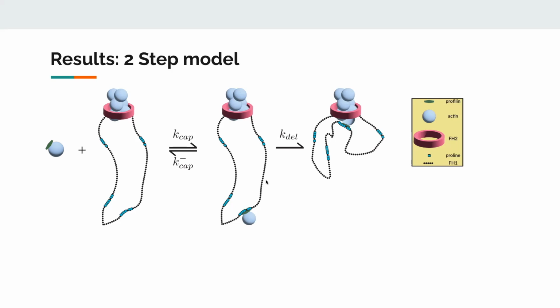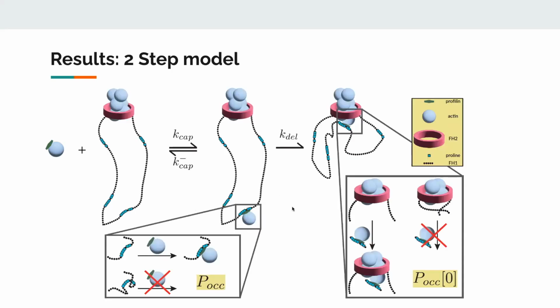And the addition of this step added in two additional rates, the rate of delivery as well as the reverse rate of capture. And we again model both of these rates, the capture rate and the delivery rate, using occlusion probabilities. In this case, the relevant occlusion probability for delivery is the occlusion at the site where the monomer is added to the growing filament.